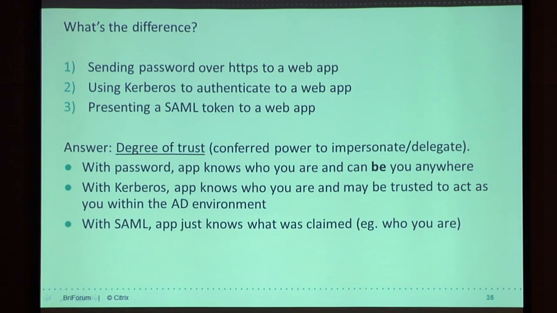And then with SAML, the web application learns the least possible about you. It's got your identity confirmed if identity is what was wanted, and even that doesn't have to be identity. It can be a claim that's more specific and tailored. So that's really what the difference is. And you can perhaps see why with things like APIs and web applications, people are moving towards this model and away from things like Kerberos.